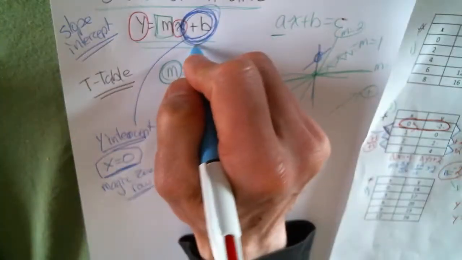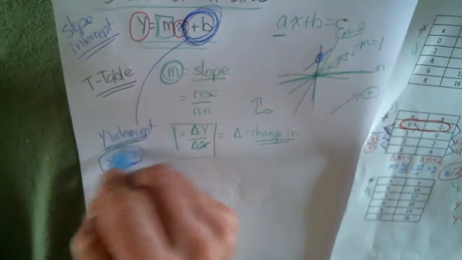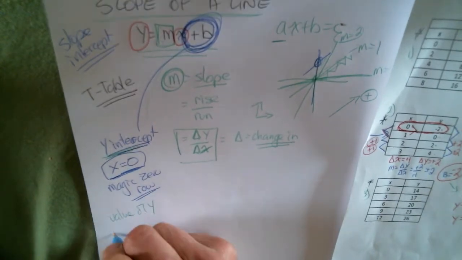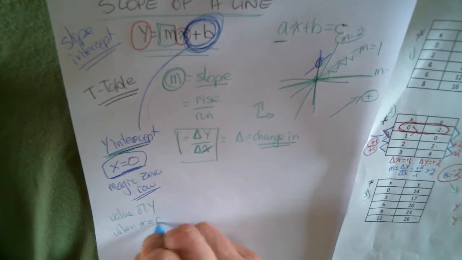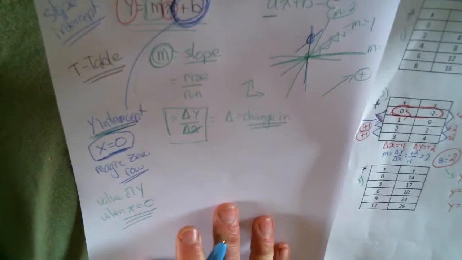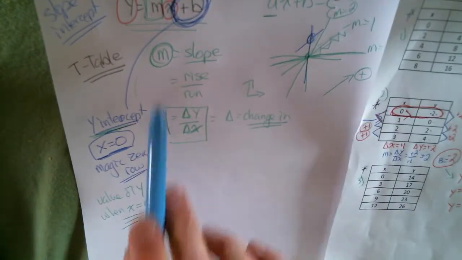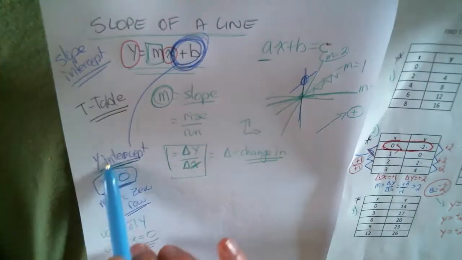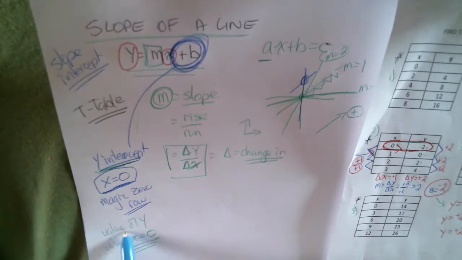The b plus b at the end is my y-intercept, or the value of y when x equals 0. Okay, so B, the letter B stands for the y-intercept, which is the value of y when x equals 0.